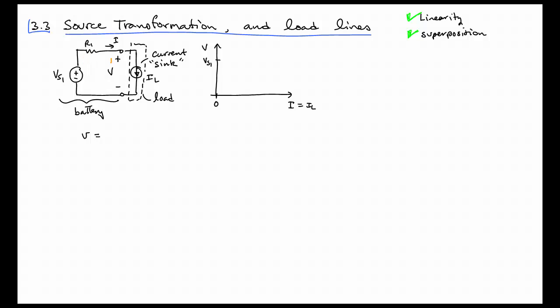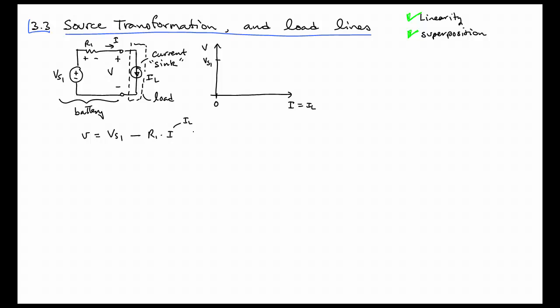So we'll have VS1 minus, because the polarity is plus to minus here, R1 times I. Well, I or IL.